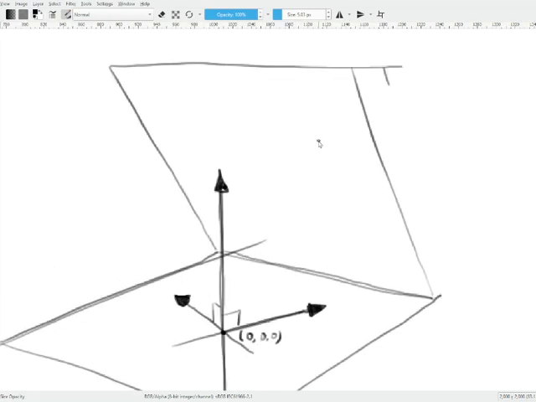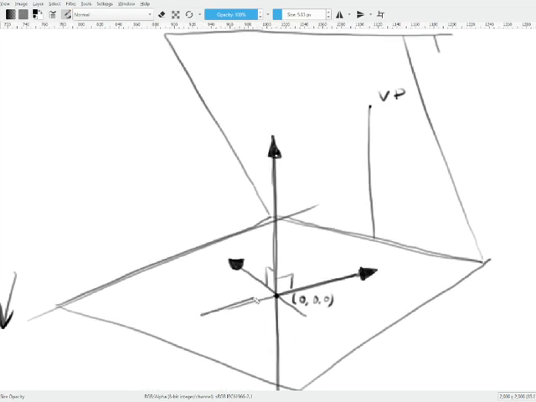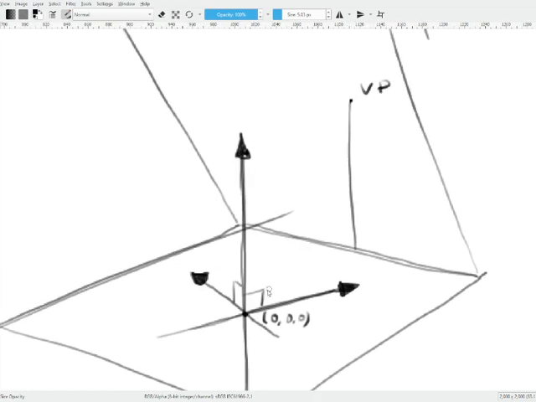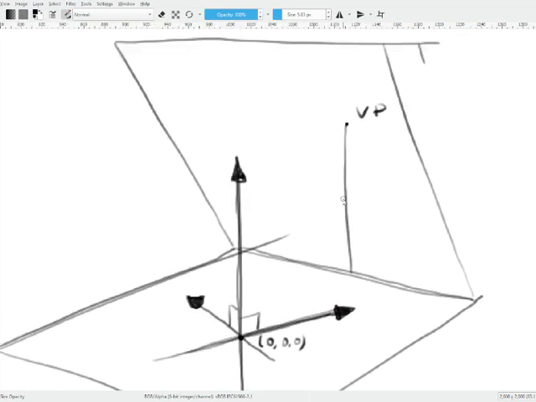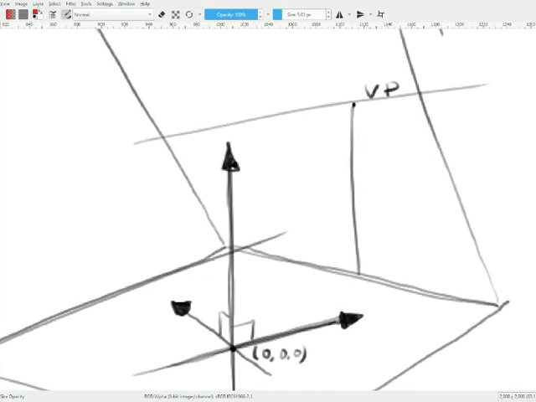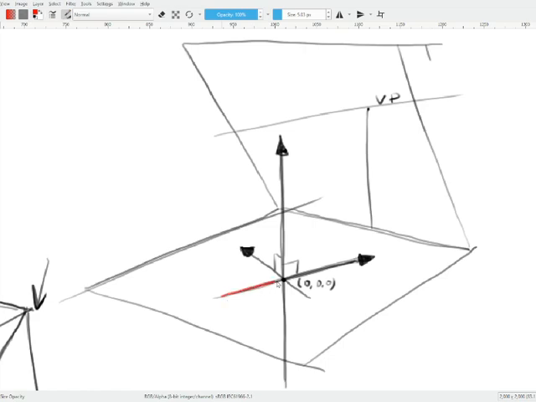And now we select some point as a viewer position, and we draw these lines. We parallel shift them toward the viewer position. So we have this line. Let's show them with color.